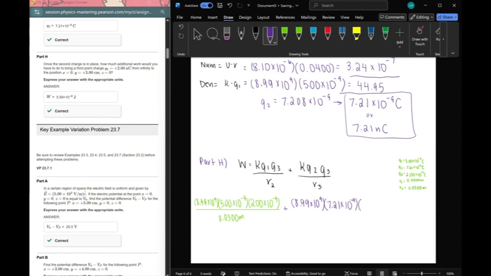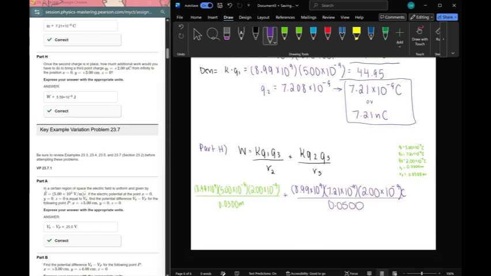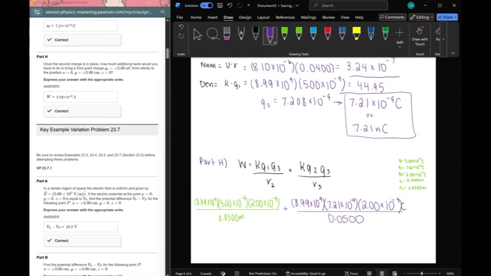And Q3 is the third point charge we just found in this part, 2.00 times 10 to the negative 9 coulombs. We divide that over the R3 distance, which was 5 centimeters, but we turned it into meters, so 0.0500 meters. And we're just gonna plug everything into the calculator.